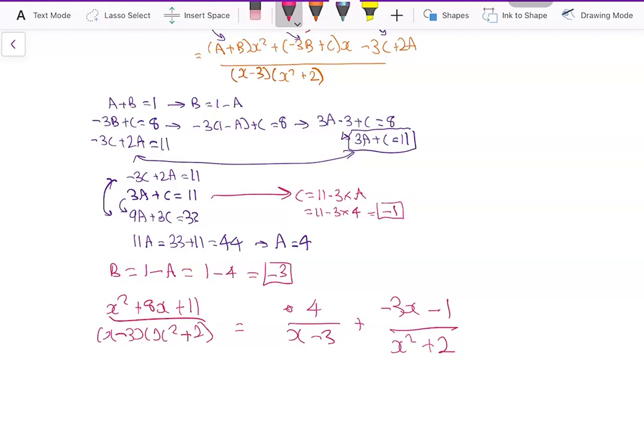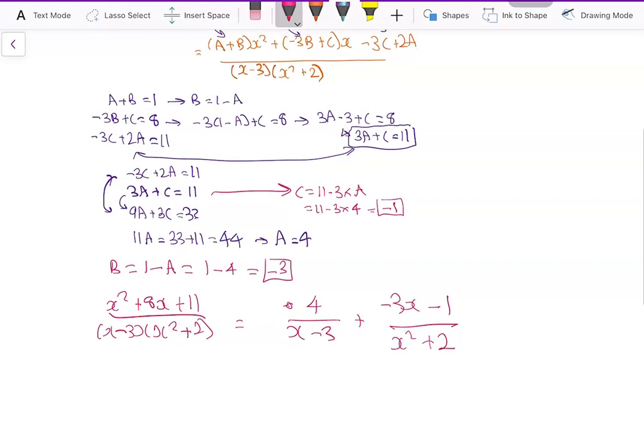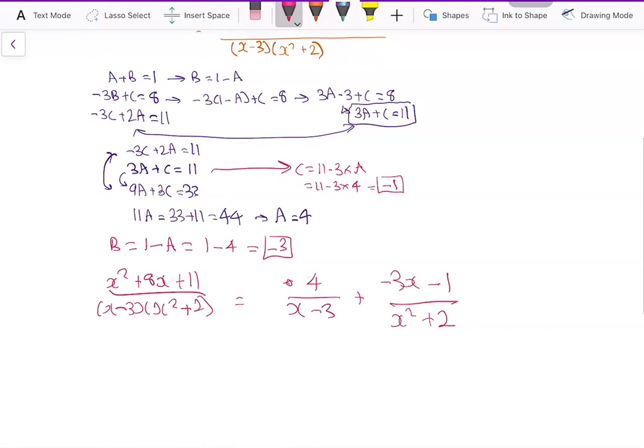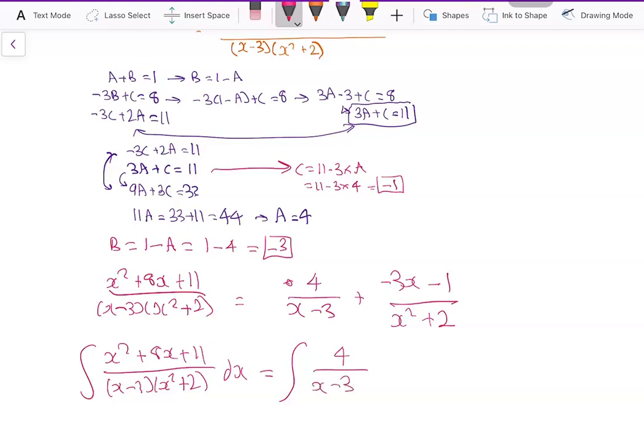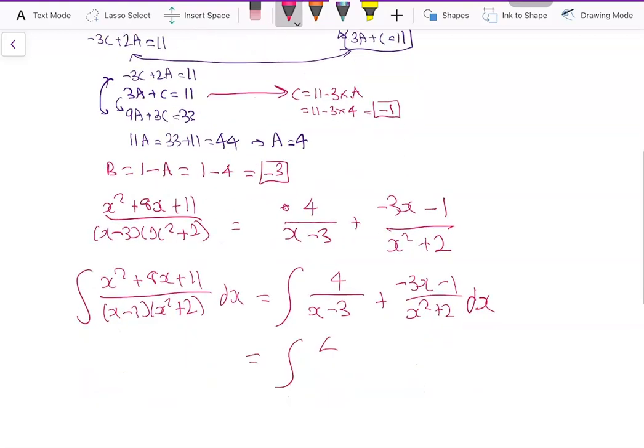Alright, now we have to find the indefinite integral. So what we can do is use our partial fraction decomposition. Now we can just add two integrals.